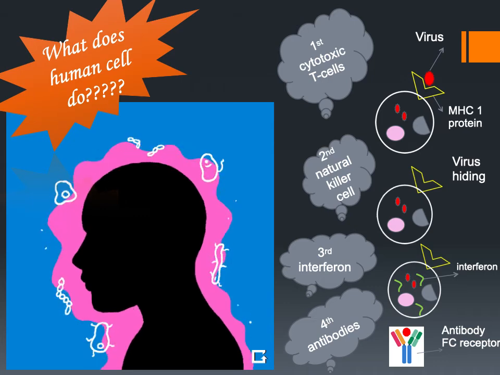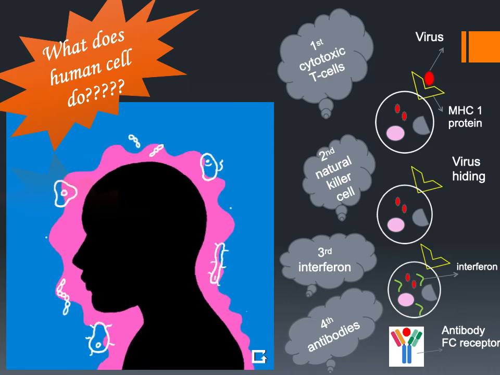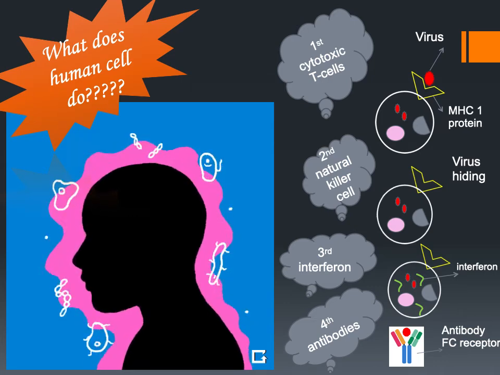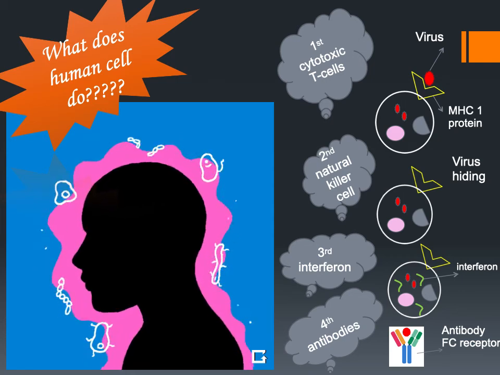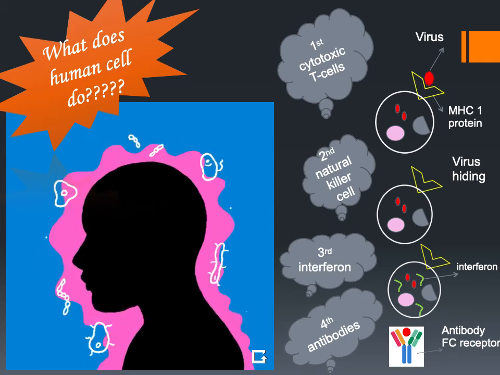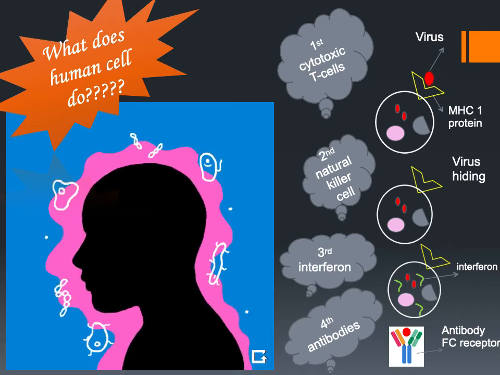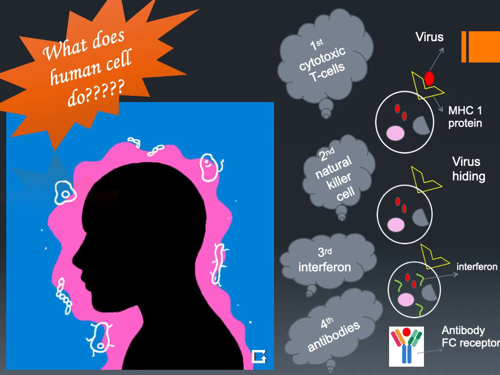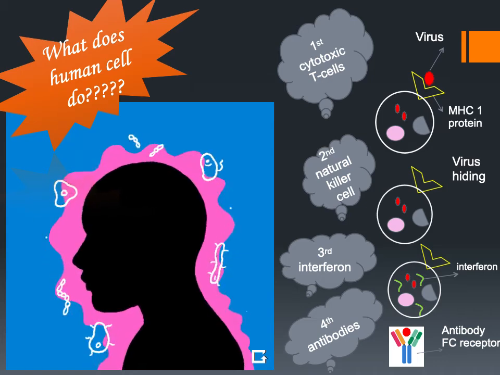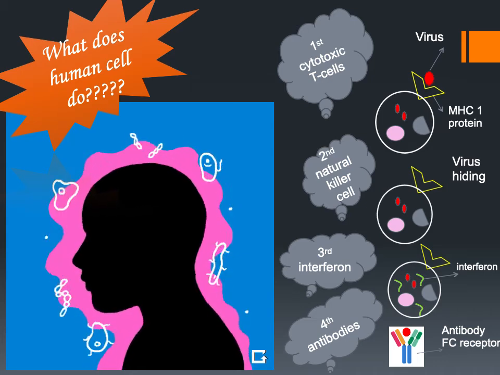Once the virus has entered inside the cell, there are normally interferons present in the cell. So once the virus enters the cell, the interferons try to attack the virus. But if the virus has more supreme power compared to the interferons, then the number of interferons in the cell is reduced.